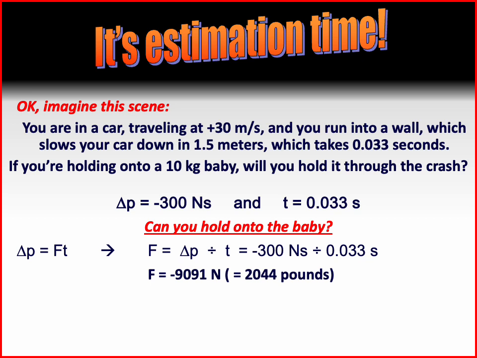This is not looking so good. Time to use the child seat. Yeah, for those 33 thousandths of a second, that kid would feel as though they weighed a little over 1 ton. So no.